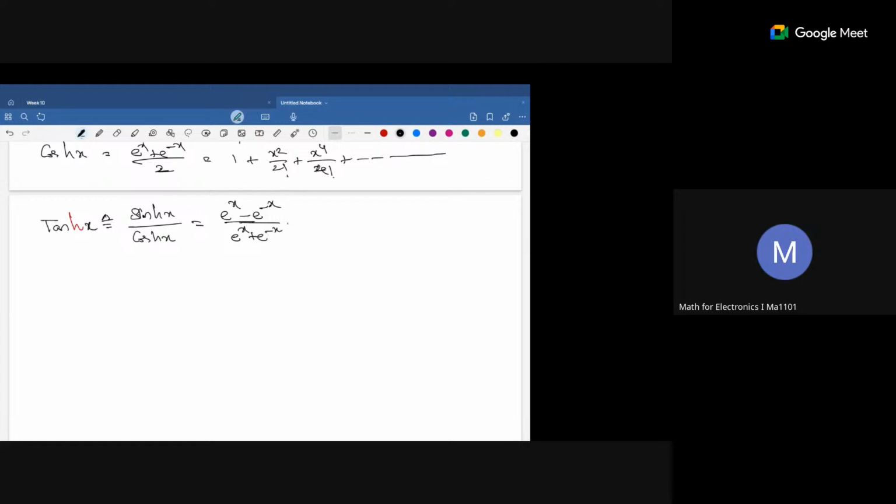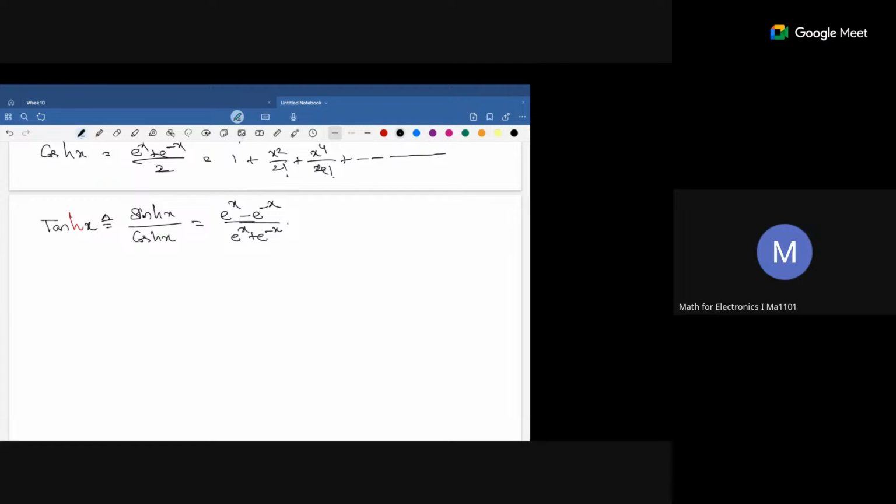Similarly, secant hyperbolic of x is simply 1 by cos hyperbolic of x. Cosecant hyperbolic of x is 1 by sine hyperbolic of x. Everything is the same as trigonometric functions, but the changes come with identities.